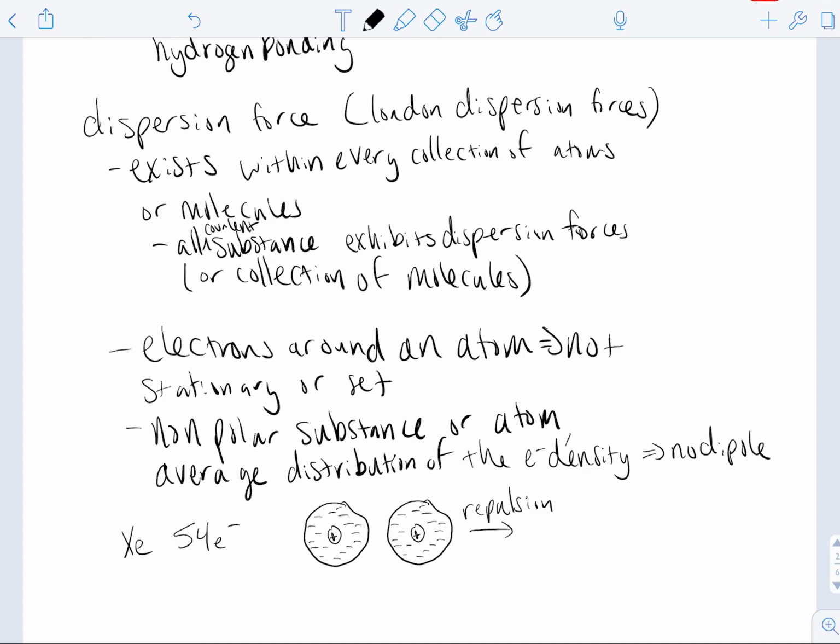And what we're going to get is a shifting for a moment of that electron density, for an instant, if you will, by the presence of this other one.